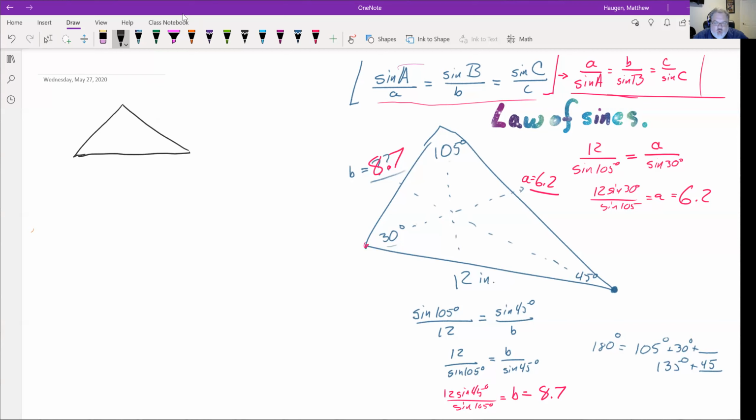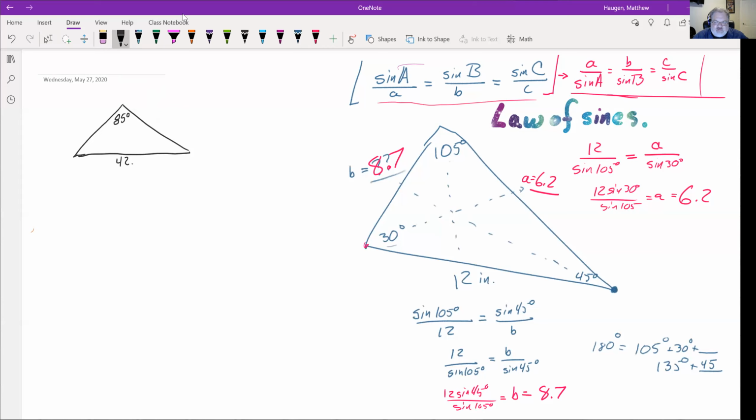Again, the one requirement that this tool has is that we need to have an angle, let's say this angle is 85 degrees. We have to have an angle and at least one opposite side. So 42.